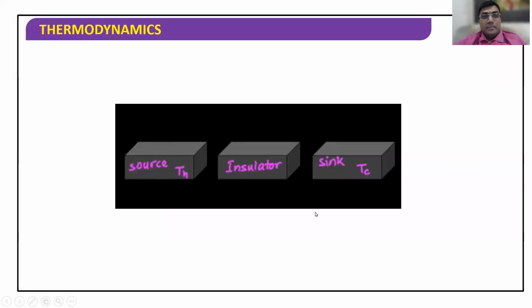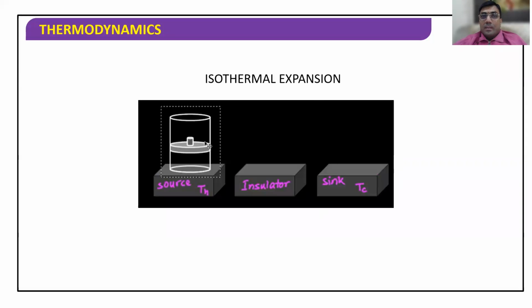So let us see the first one. Now I'm just going to explain superficially; as we get into the following slides, I'm going to give proper detailing. Isothermal expansion is done on this source. Mind you, these are all insulated.